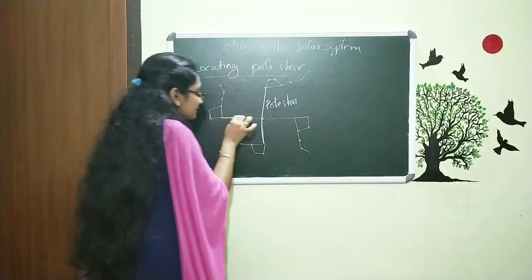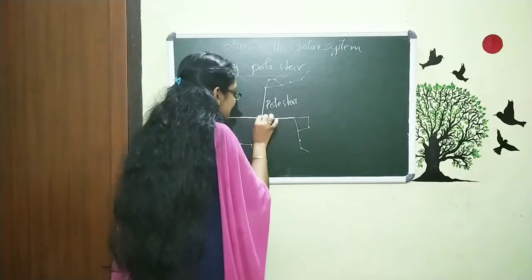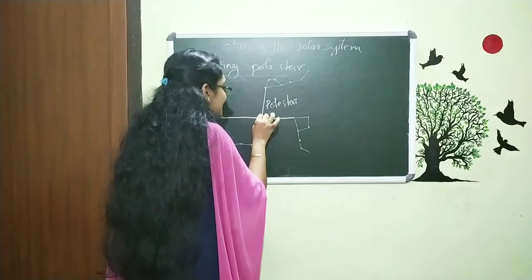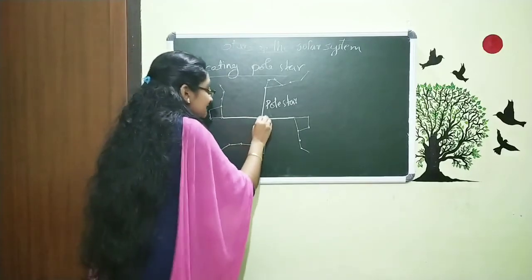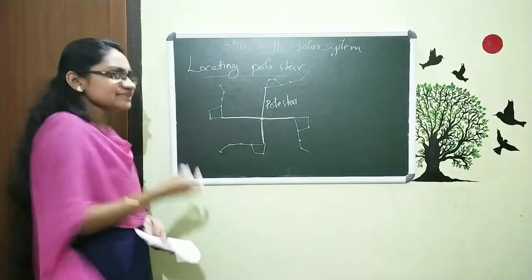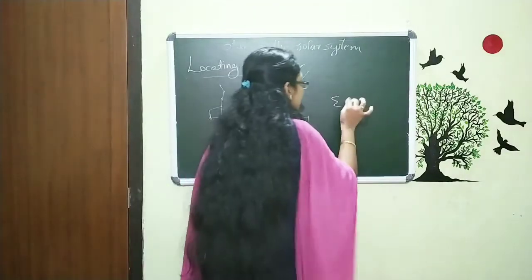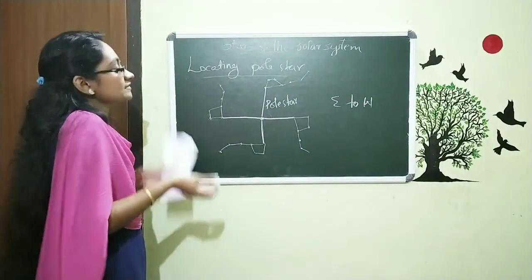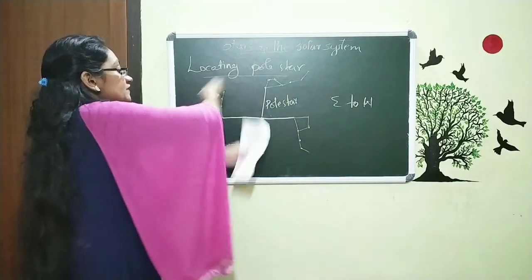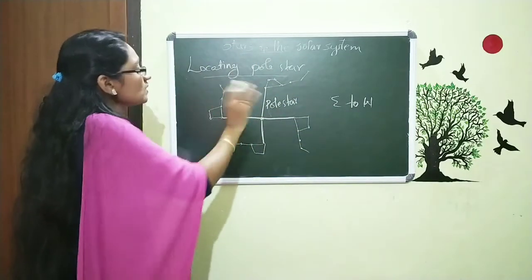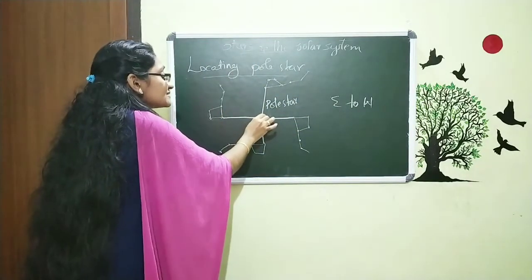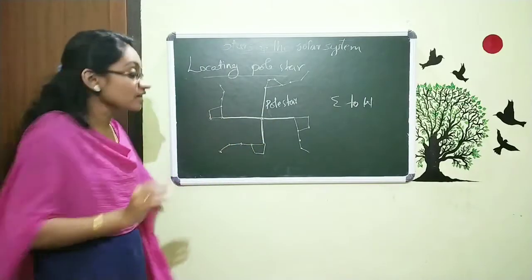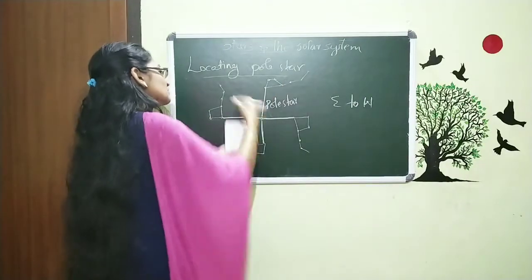At different times you can see the location of the Big Dipper is changing. That means it is moving from east to west. So it is just moving like this. This is the center, the pole star, and it is just moving like this.